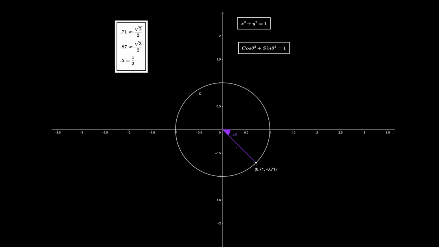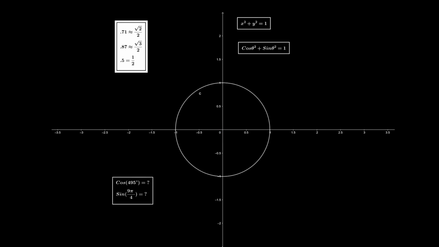Here we have negative 45 degrees and negative 150 degrees. And still, cosine of minus 150 degrees is minus 0.87, and sine of minus 150 degrees is minus 0.5.